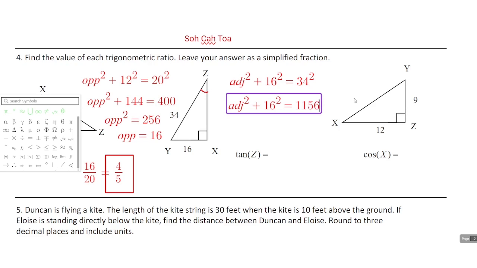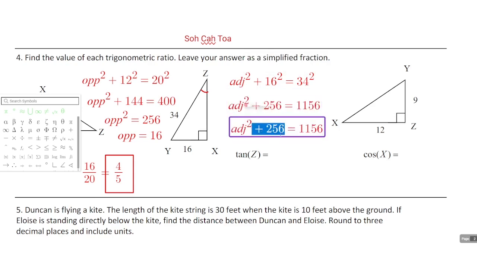16 squared, you might have that memorized. It's a little bit more uncommon, but a lot of people know this one is 256. So 1,156 minus 256 is going to be exactly 900. So this one's going to work out nicely too. The square root of 900 is going to be 30.